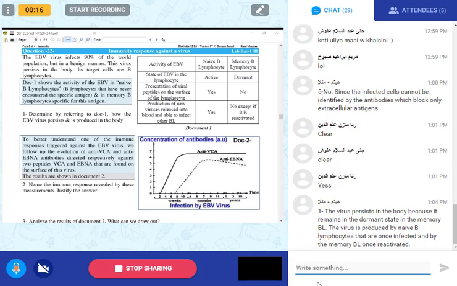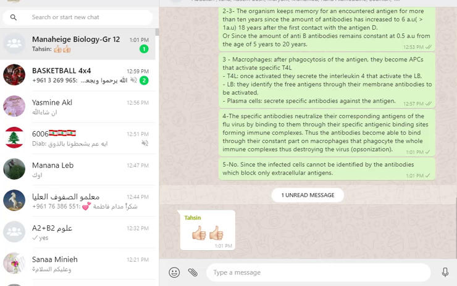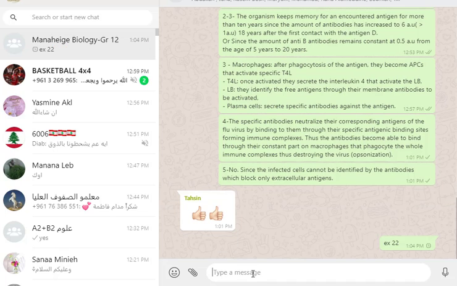The virus is produced by naive B lymphocytes once infected and by the memory B lymphocytes once they are reactivated.